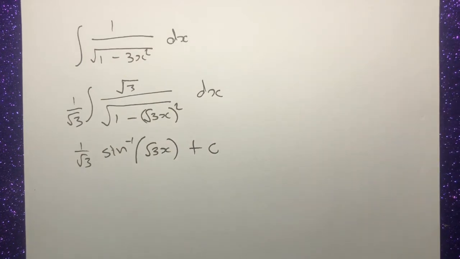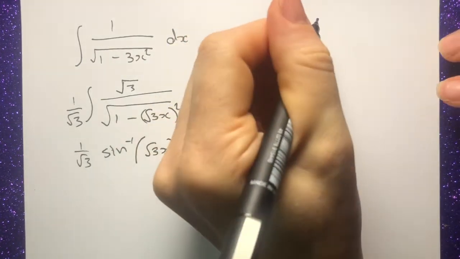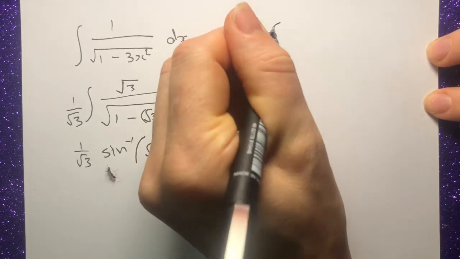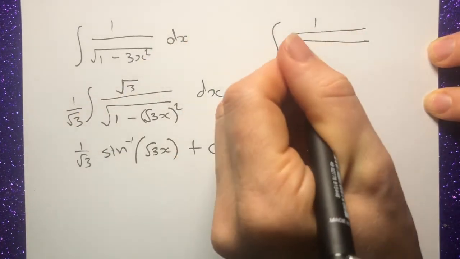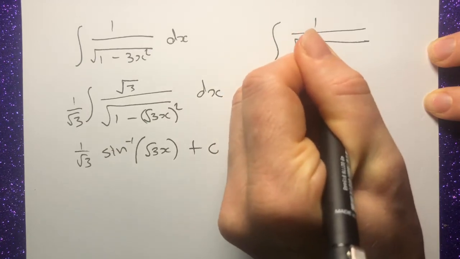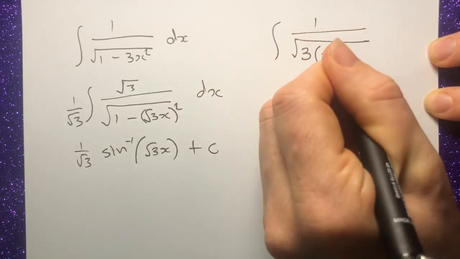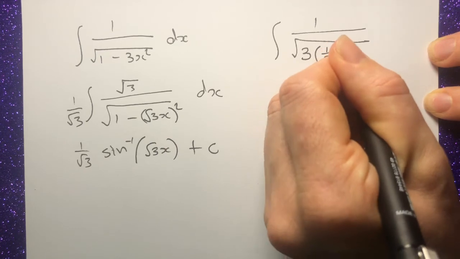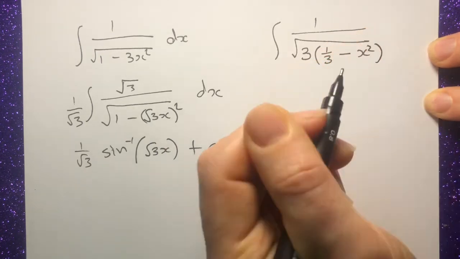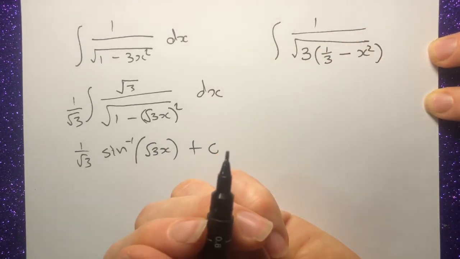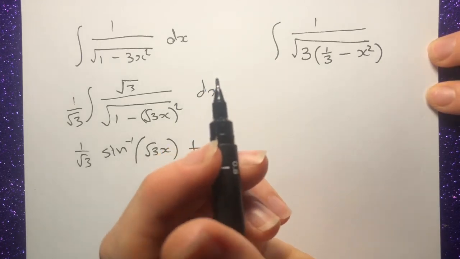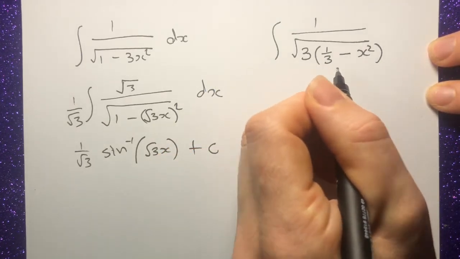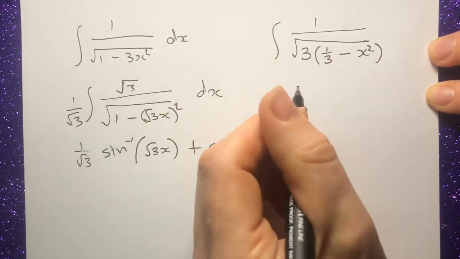There's actually an alternative method we can use here. If we want to fiddle with the numbers in a completely different way, what I could do is actually factorize my 3 out of the bottom. Yes, it's not a factor of 1, but if I times it by 1 on 3, I get back to 1, and say that. Do you see how I can actually factorize any number out of any set if I want? I can pull that number forward and just put in what it would expand to get back to where I was.